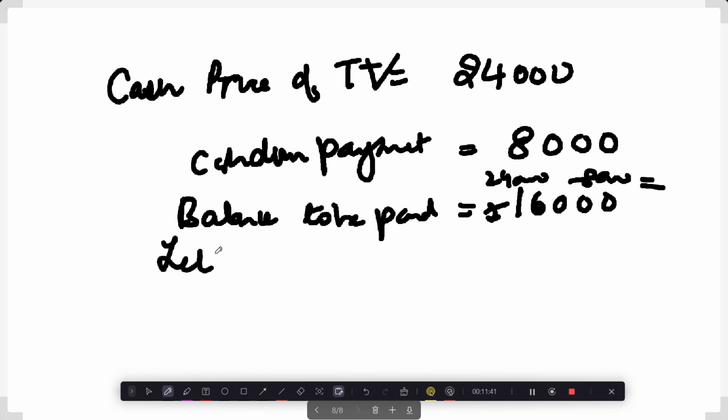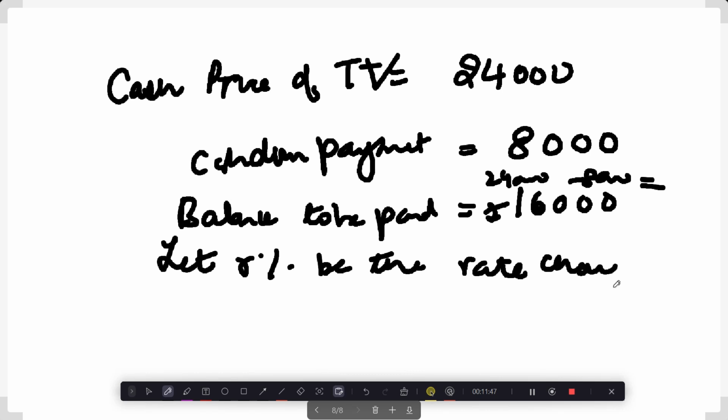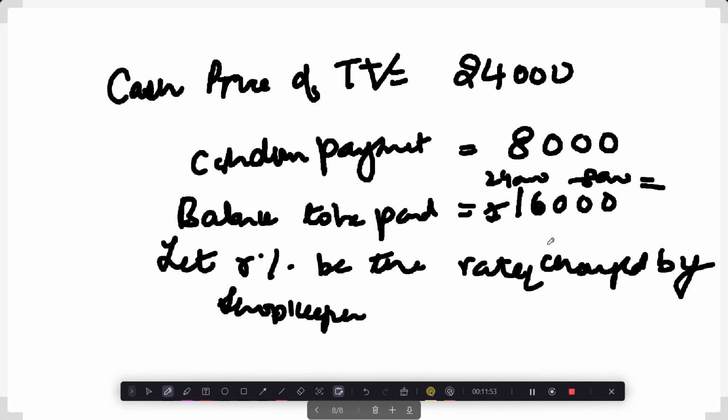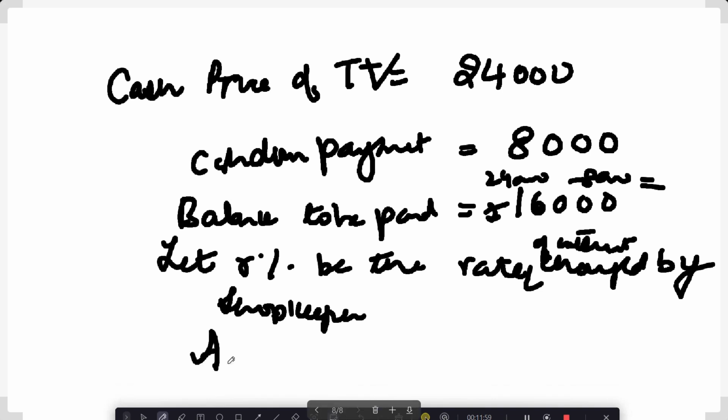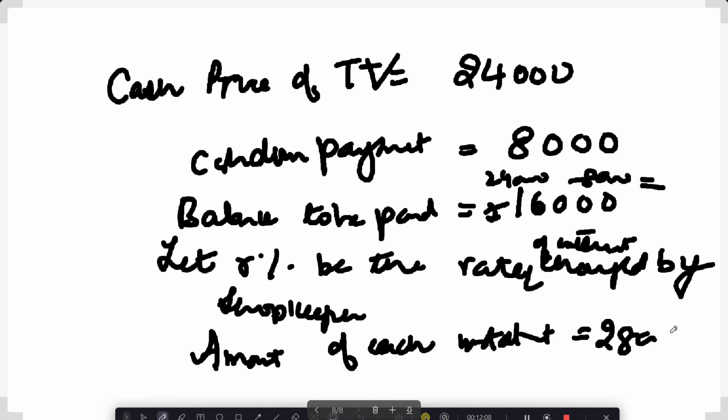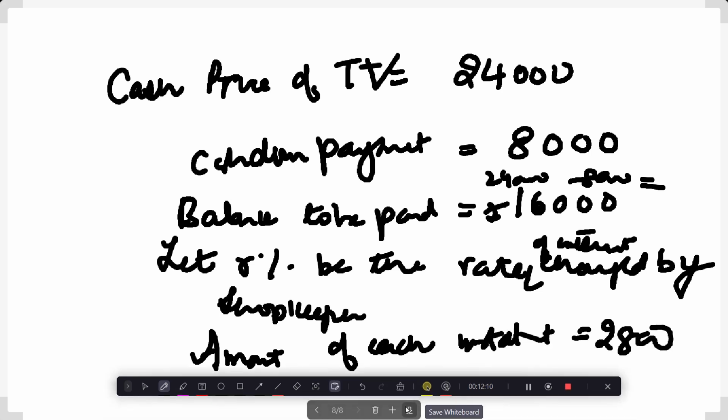Let R% be the rate charged by shopkeeper. Rate of interest. Write that. Rate of interest charged by shopkeeper. Now, amount of each installment is 2,800. ठीक है. आगे बढ़ते हैं.